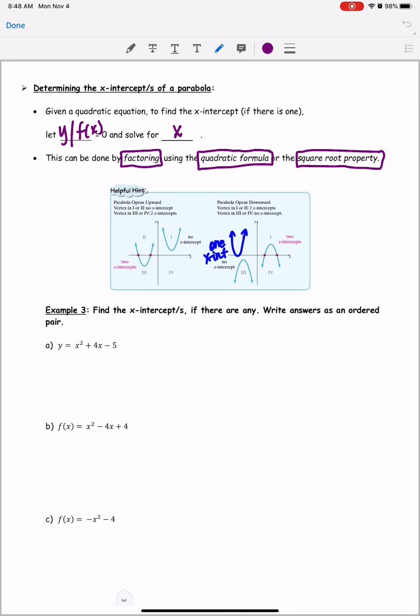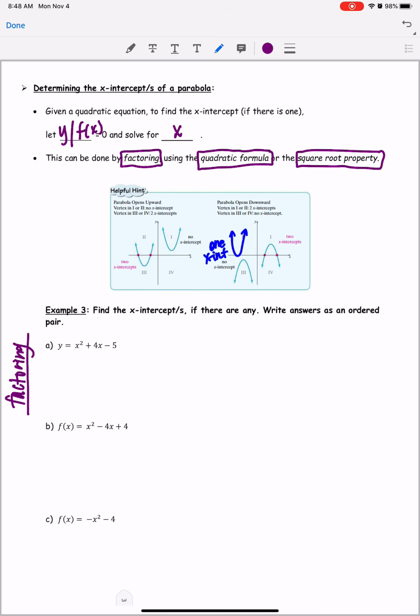So, let's try. We have three different ways to get it: factoring, the quadratic formula, and the square root property. Let's just do them in order. We'll find our x-intercepts here by factoring. When you factor, you are putting in 0 for y or f of x.